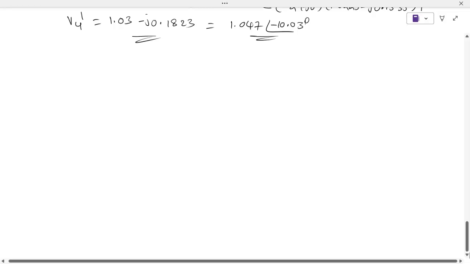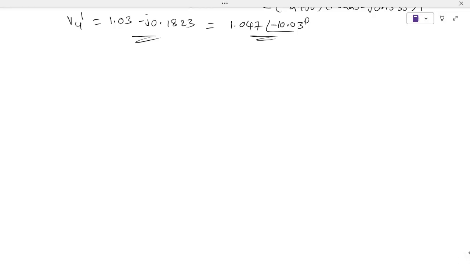What is the case? Case 2. Case 2 is the given Q limits: 0.25 less than or equal to Q2 less than or equal to 1. This is the second condition again.